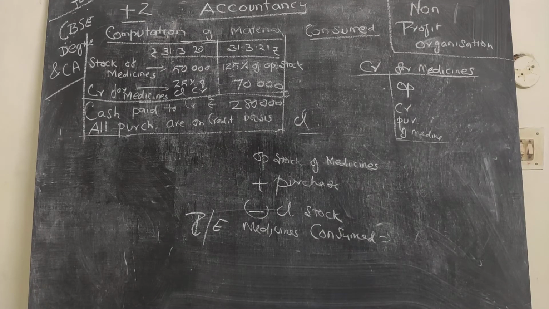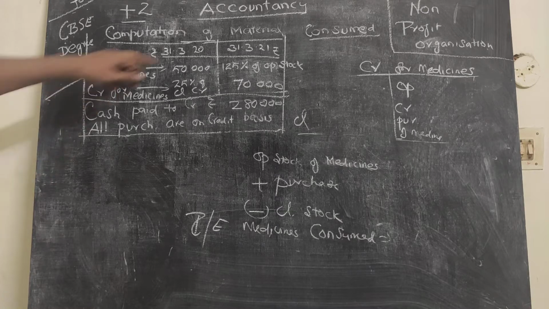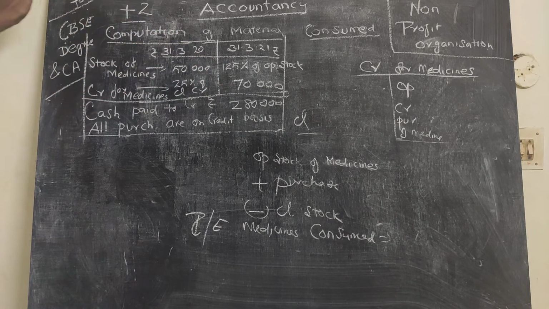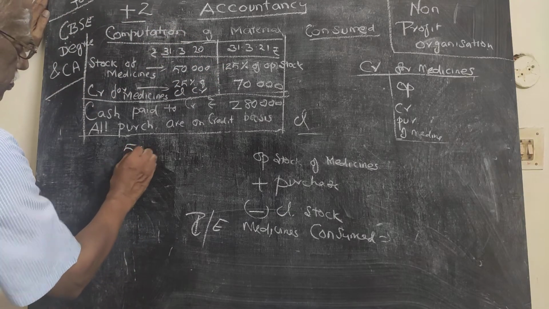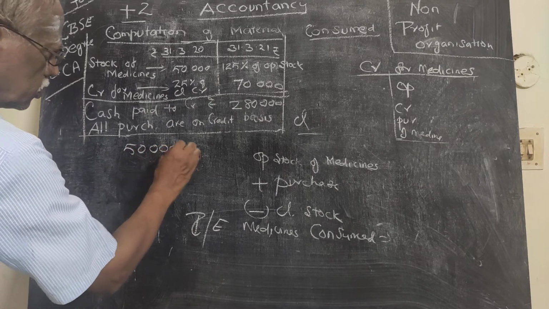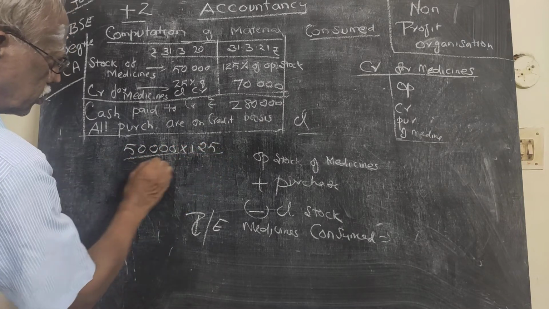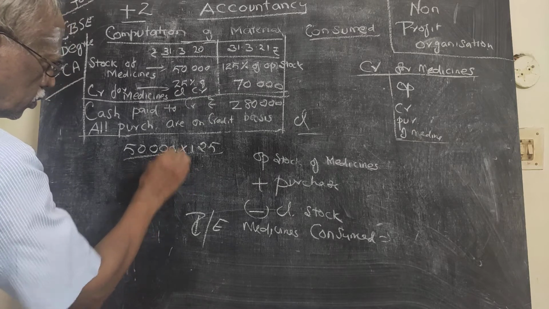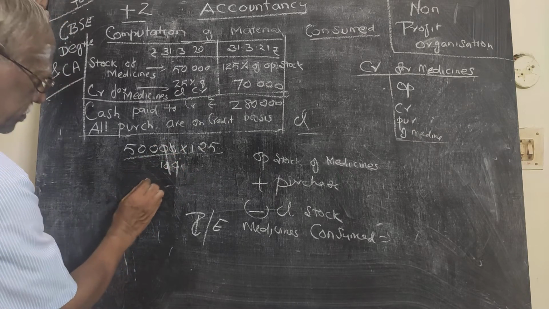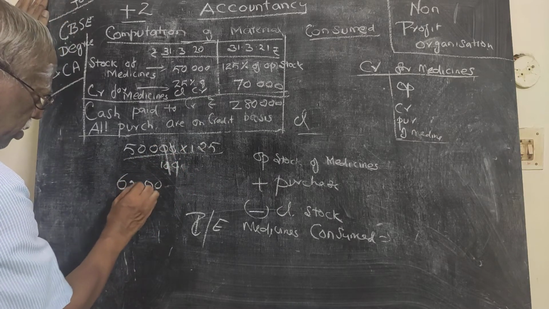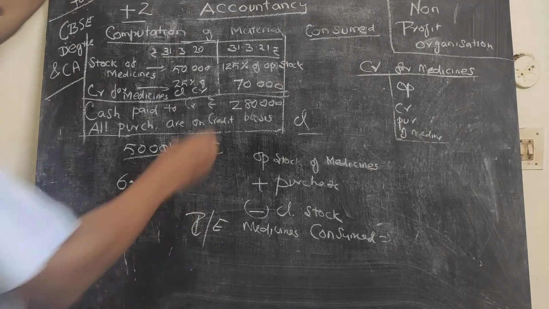Now, second problem, stock of medicines, 31st March 2020, 50,000. At the end of the next year, 125% of opening stock. So, 50,000 is the opening stock, 125% of 50,000 is 62,500.